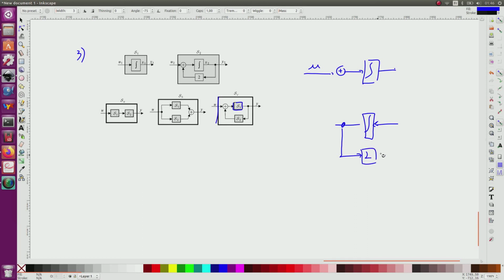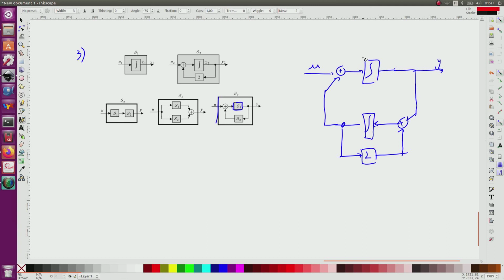Two. Here the adder like this. This one goes here. Then after the loop, this one goes here, and y corresponds to this.